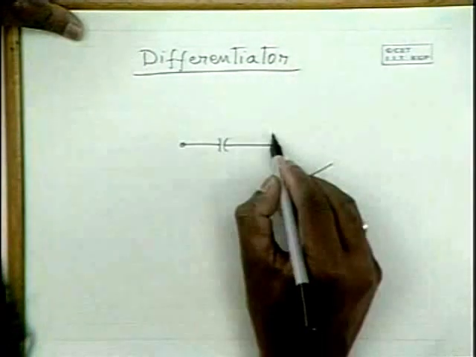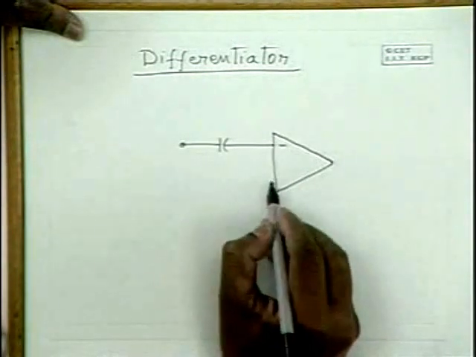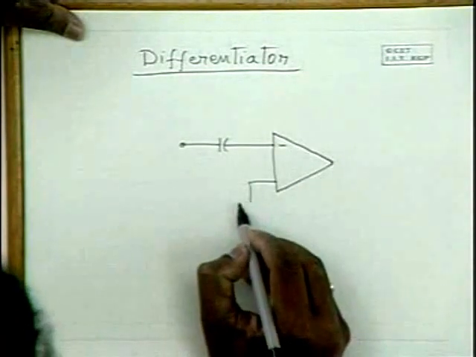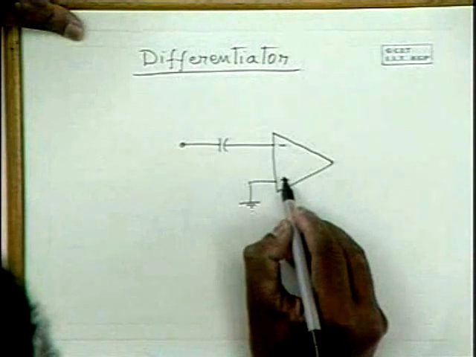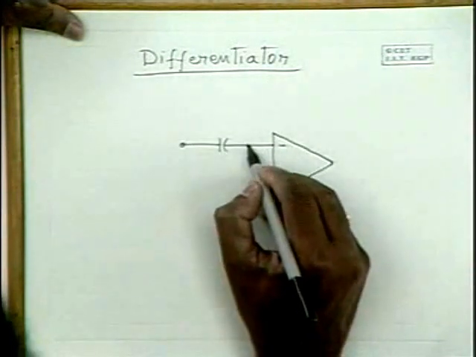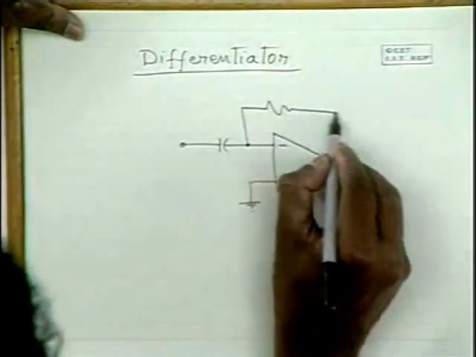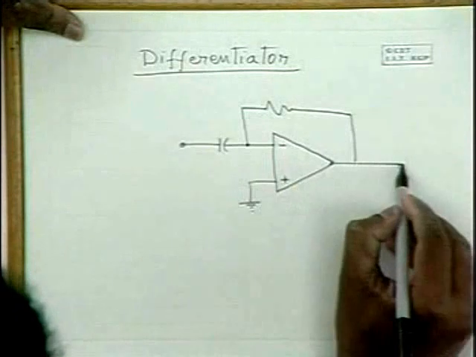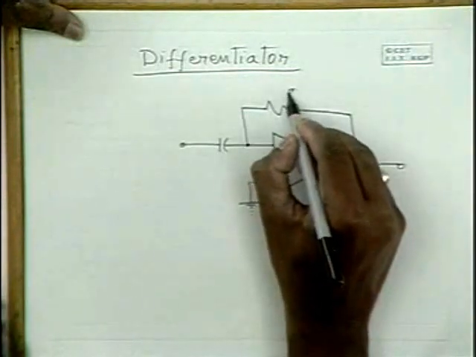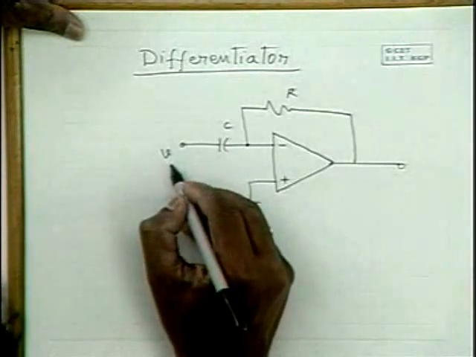So we use a capacitor at the input and operate the operational amplifier in the single ended mode and provide a feedback resistance R, and let this be C, and apply the input signal here.